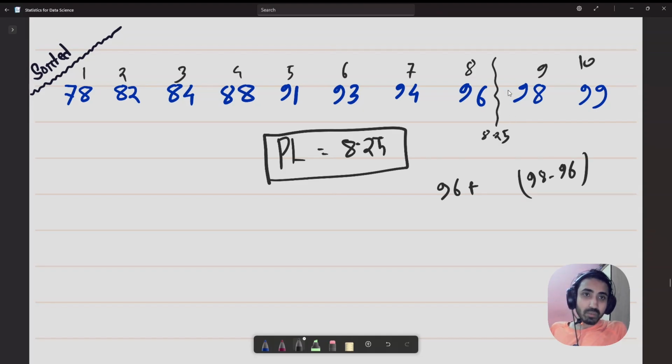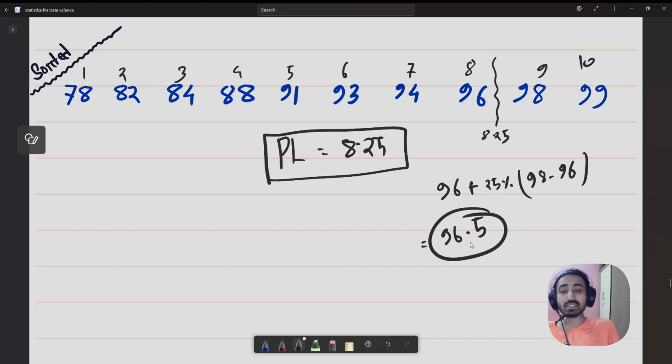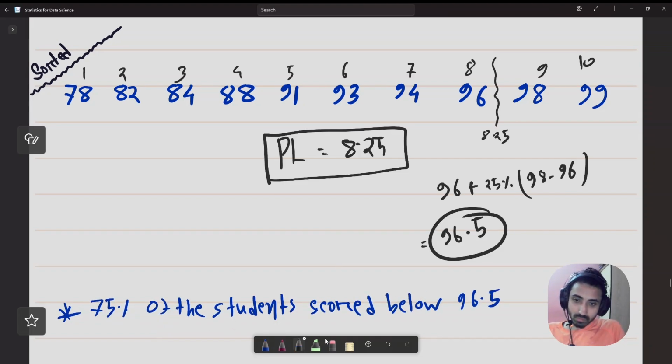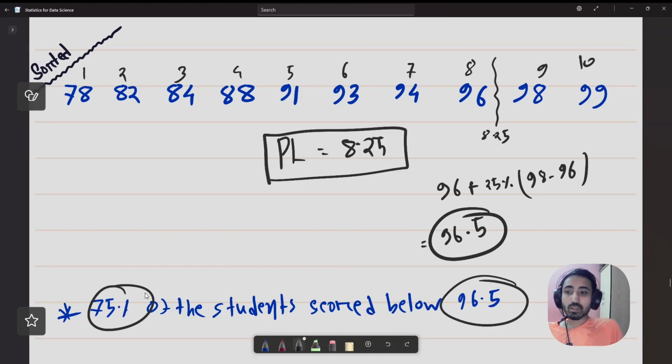That would give us 96.5. So what does this mean? This means 75% of the students have scored below 96.5, and only 25% of the students have scored more than 96.5.